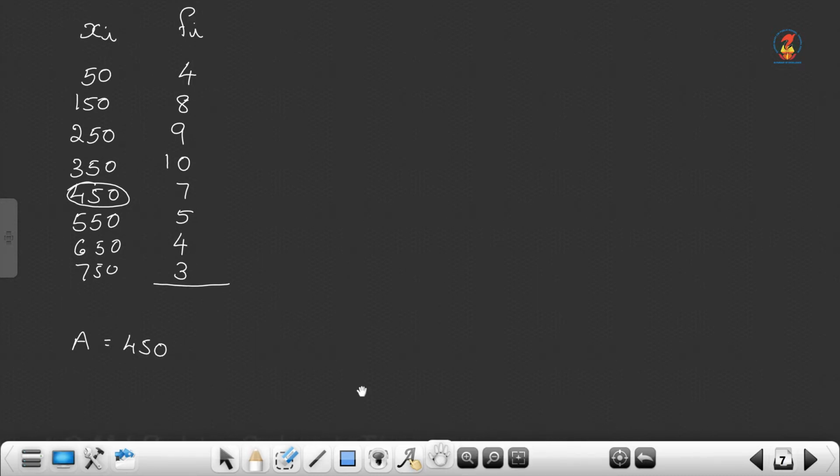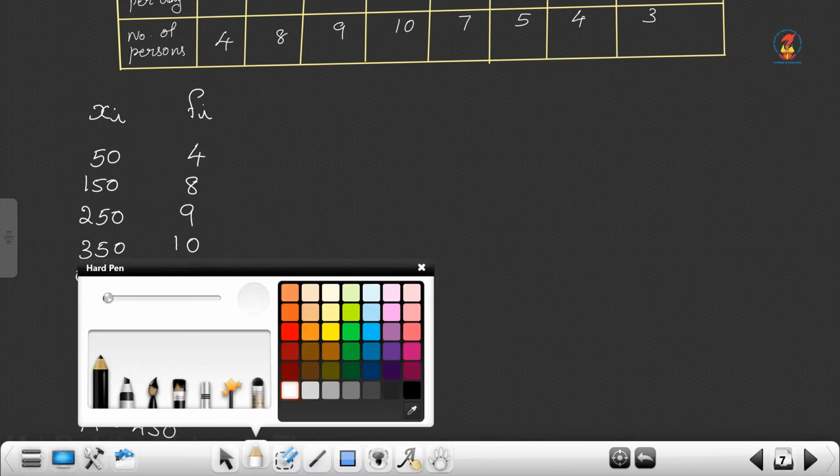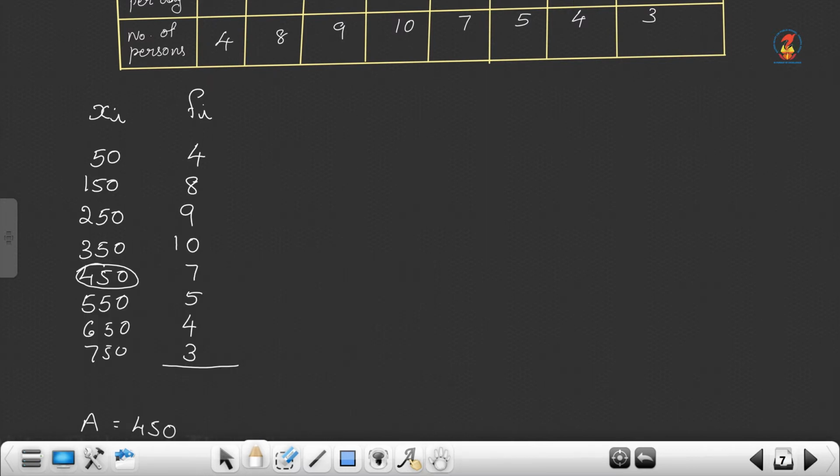Now we have to subtract, isn't it? ui is equal to xi minus A. So 50 minus 450, that is minus 400. Then 150 minus 450 is minus 300.